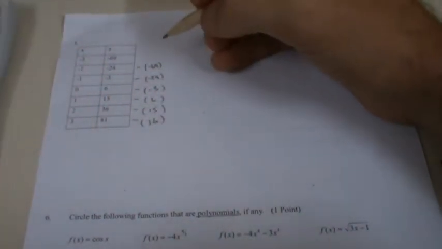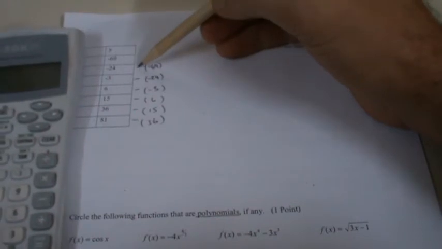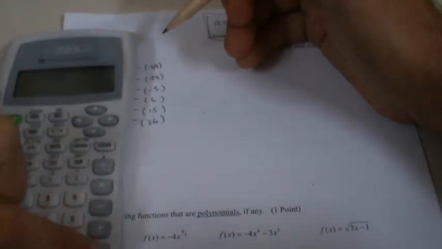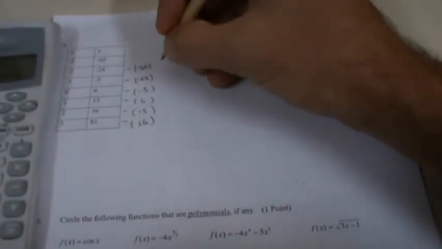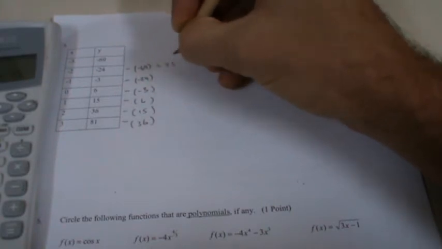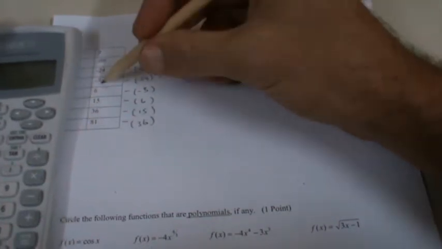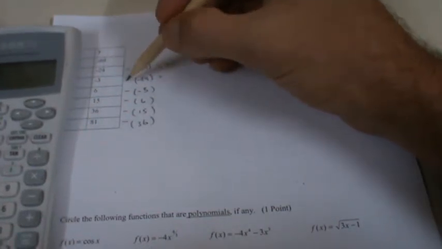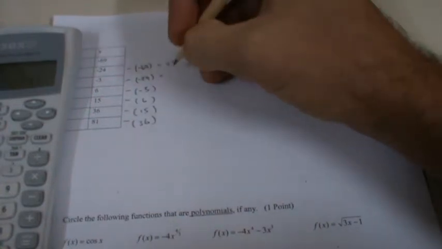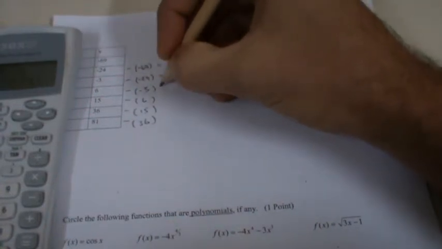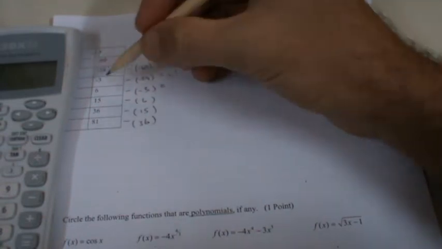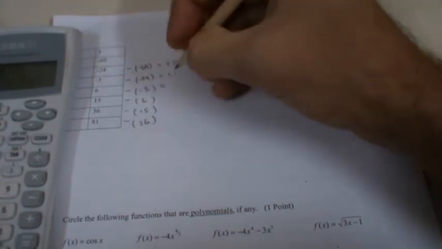Okay. So I've got a negative 24 minus negative 69. So 69 minus 24 is going to give me a positive 45. Then I've got negative 3 plus 24 is a 21. And I've got 6 plus 3 is 9.